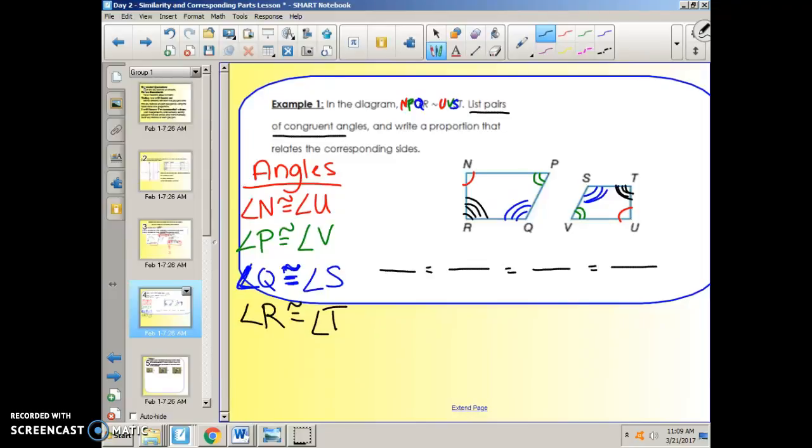Now remember our scale factor rule, new over original. We're going to use that same process here, even though we're not finding scale factor. So if I look at my letters here, I need to match those up. I've got NP, that's this side right here, should match with UV, based on the letters I already figured out.